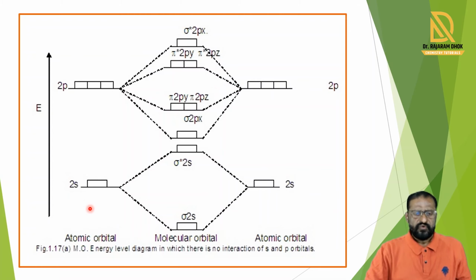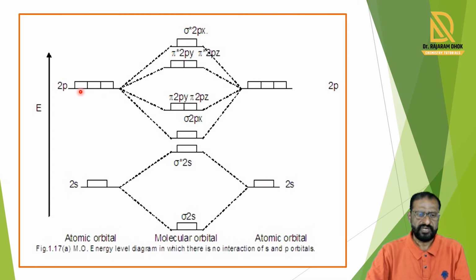Now the 2s atomic orbital has lower energy than the 2p atomic orbital. So 2s is shown on the lower side and 2p is shown on the upper side. In the case of the 2p atomic orbitals, all three atomic orbitals px, py and pz have the same energy, which is called degenerate orbitals, and so they are shown at the same energy level.